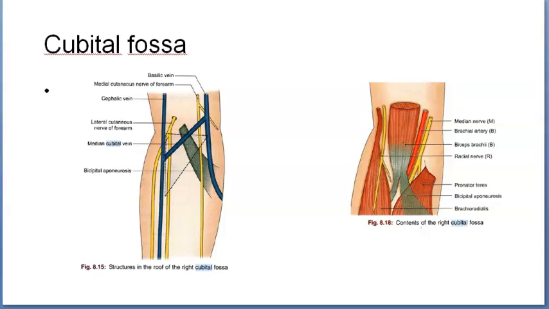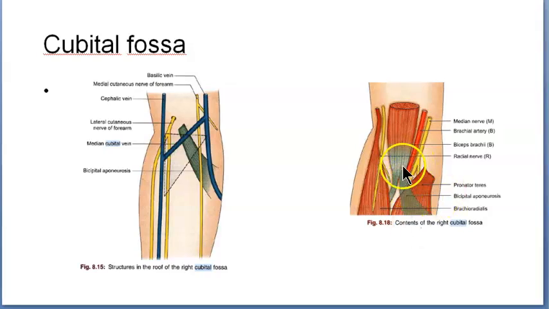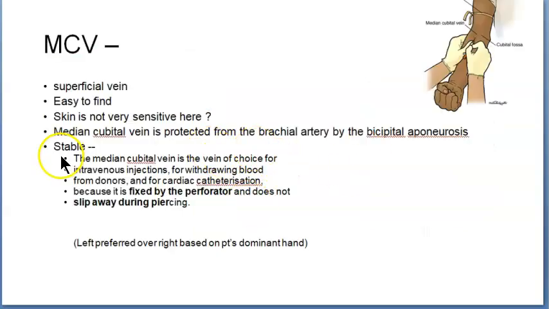Here you have the vein, right? This is the vein that you want to pierce, and there is an artery also somewhere in the same way. But the aponeurosis that you can see here, the biceps brachii tendon, is coming between this artery and this vein. So they are saying that this vein is protected from this artery by this aponeurosis. Okay, if that is even a point.